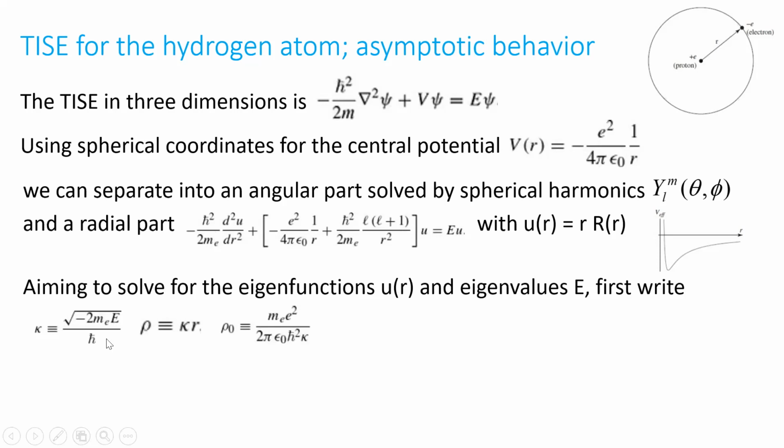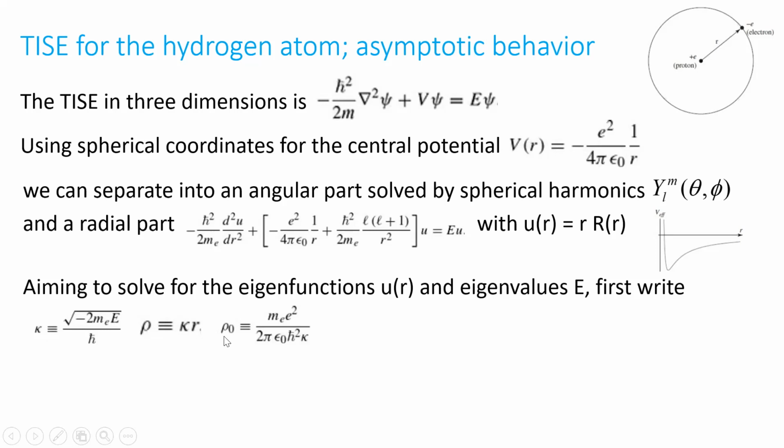So the overall energy is going to be negative. So when we take minus 2m_e E, that's a positive number, so when we take the square root, this is a real number. And we call that over h bar kappa, just to clean up notation. And then we express a scaled radial variable, rho, defined equal to kappa times r.